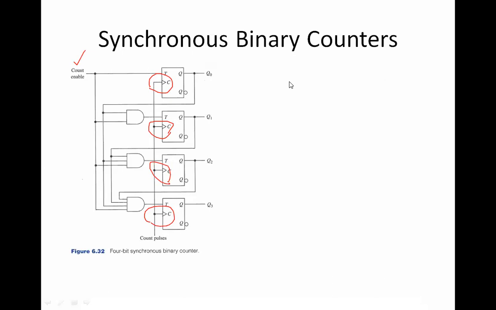My Q0, Q1, Q2, and Q3, everywhere changes will be reflected at the same clock pulse. Of course, there's going to be a slight delay associated with each flip-flop. But comparatively, when you compare with asynchronous flip-flops, here the changes are going to be spontaneous.